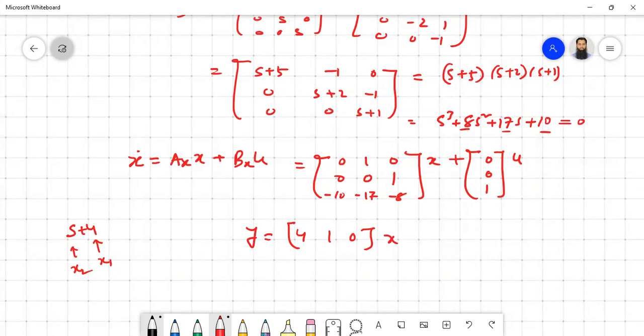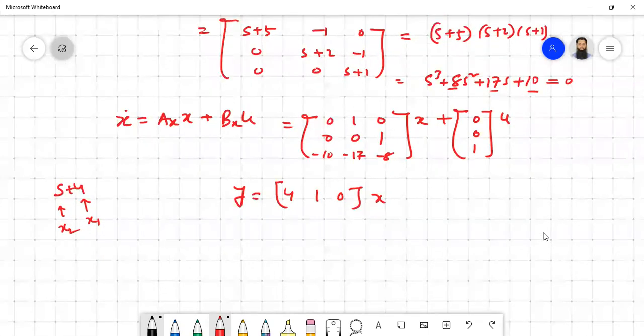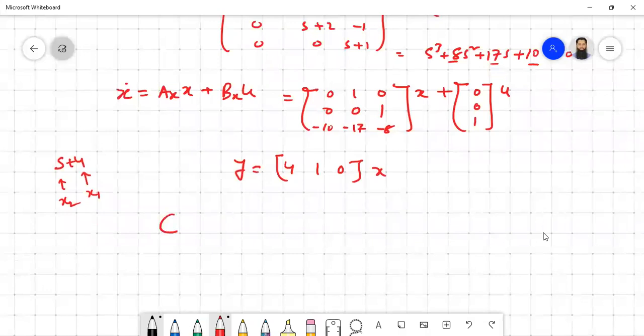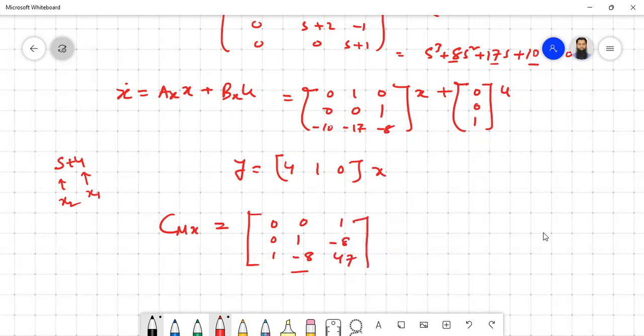And since we have this A matrix and B matrix, we can also find out CMx, the controllability matrix for the phase variable form, and that will give us 0 0 1. Then just multiply 0 0, it will give you the last column, so 0 1 minus 8. And now if you multiply with the A matrix, it will give you 1 minus 8, 47.